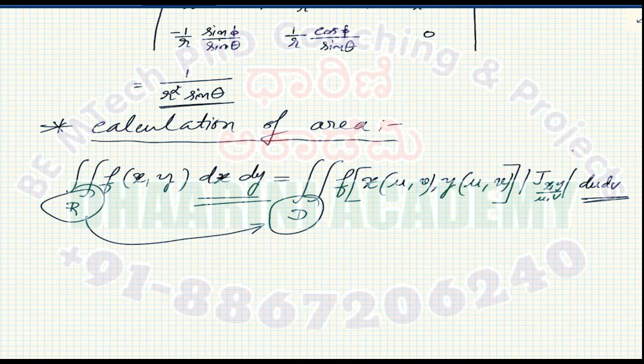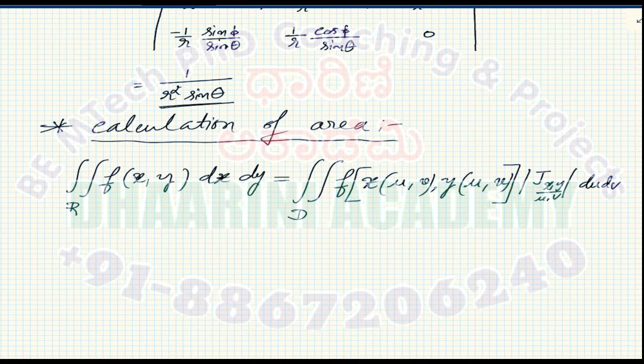Now you see that this Jacobian acts like a scaling factor. Whenever you convert your coordinates, it's always expected that a scaling factor will come into the picture. The area may go up or down, may move to the left or right. That's common.